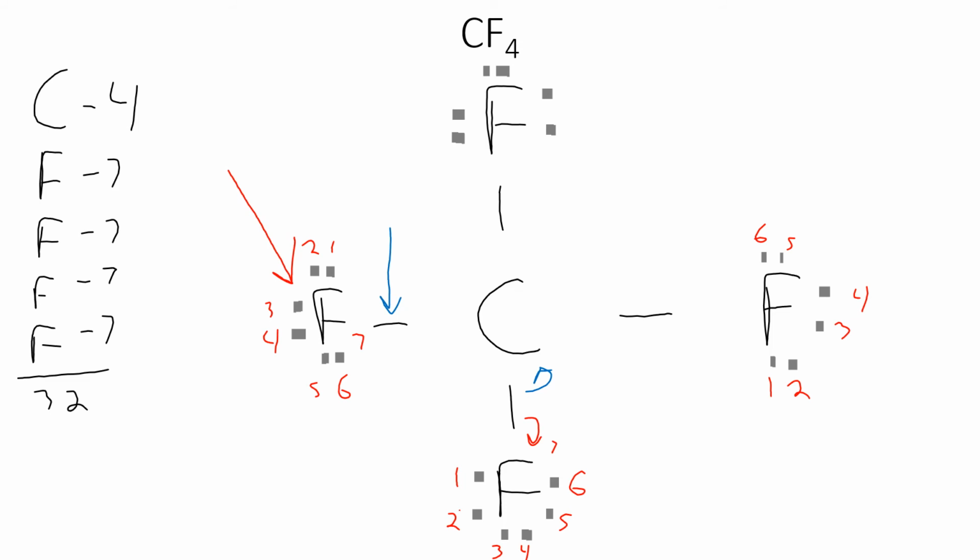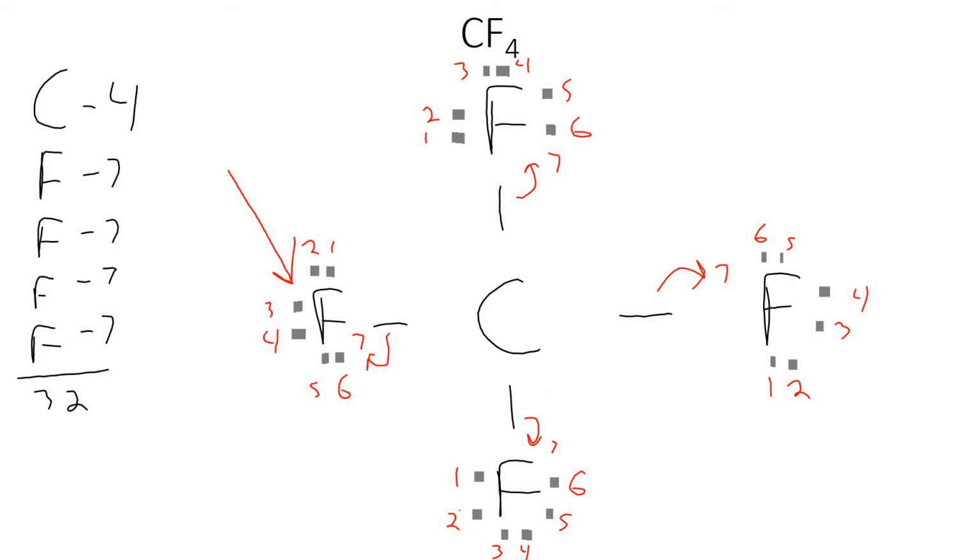That would be 6 electrons there. In that bond, one of them would be officially counted as fluorine's, making it 7. The other one would be officially counted as carbon's. The fluorine on the top, 1, 2, 3, 4, 5, 6. The bond has 2 electrons. One would belong to fluorine, that would make it 7. The other one would belong to the carbon.